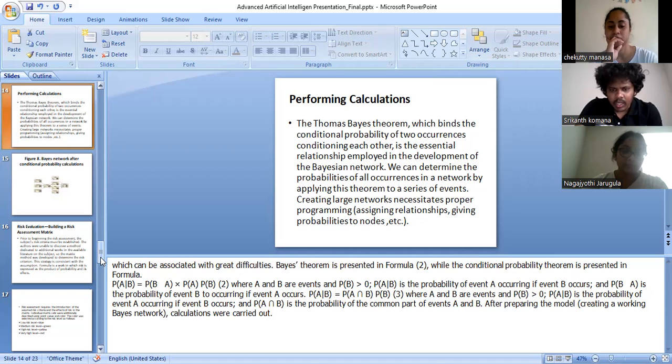P(A|B) is the probability of event A occurring if B occurs. P(A∩B) is the probability of the common part of events A and B. The calculation for the model was carried out.